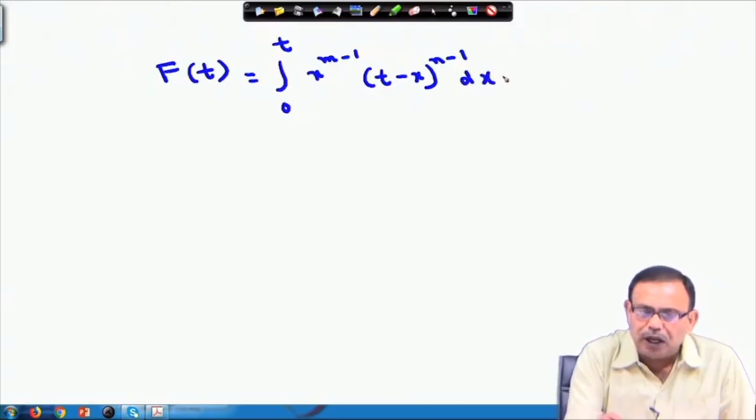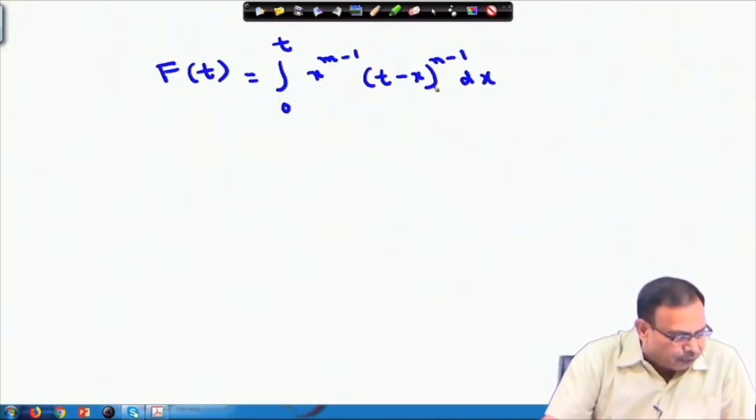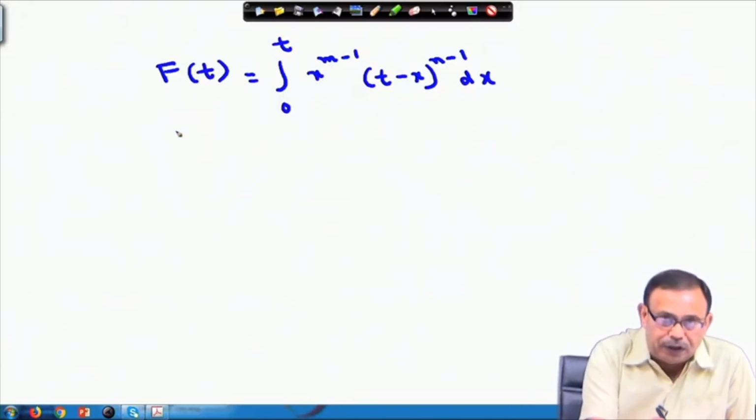Already we have said that m and n are greater than 0. So we are starting with this new function so that afterwards, if we put t equals 1, we will obtain the beta function, that is, beta m n equals the integral from 0 to 1 of x to the power m minus 1 into 1 minus x to the power n minus 1 dx.